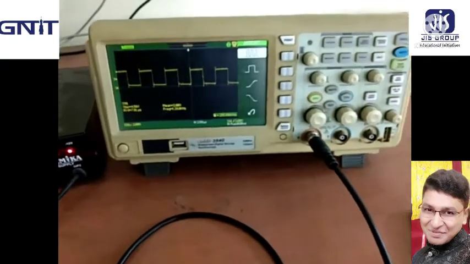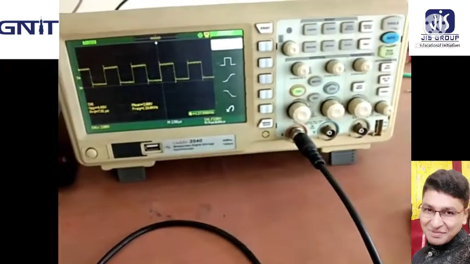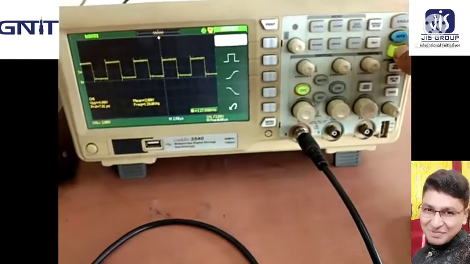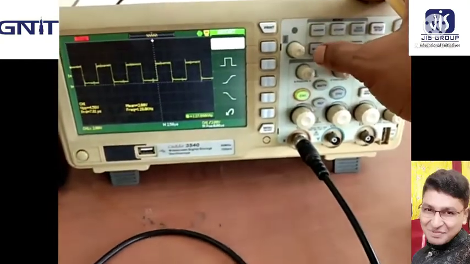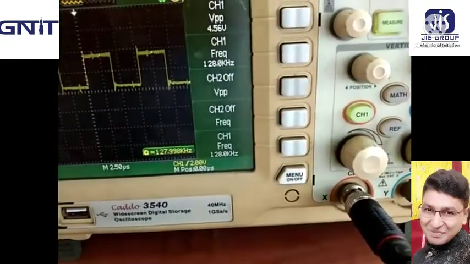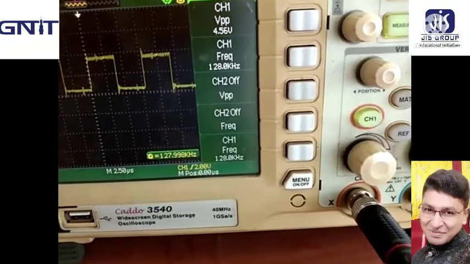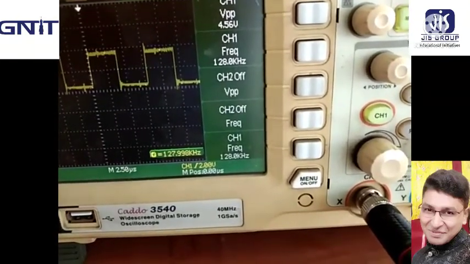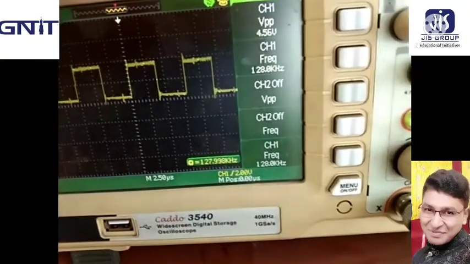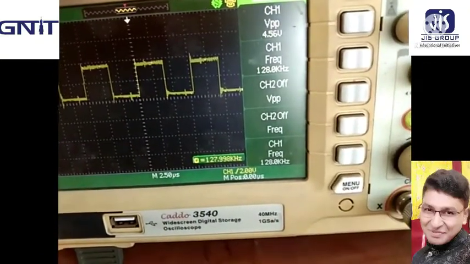This is our message signal or input data. Run and stop, press measure. Message signal amplitude is 4.56 volt and frequency 128 kilohertz. Note down the amplitude and frequency.